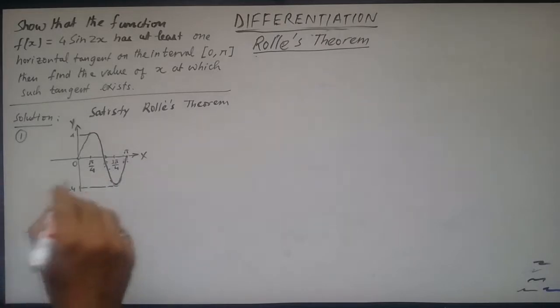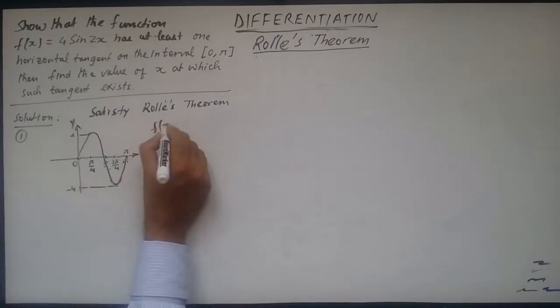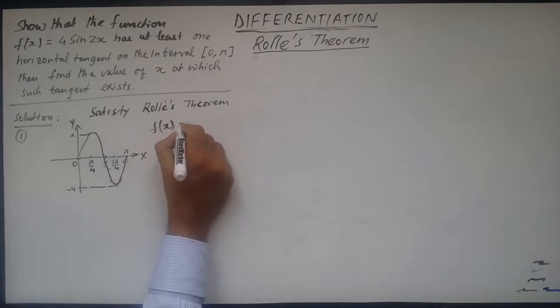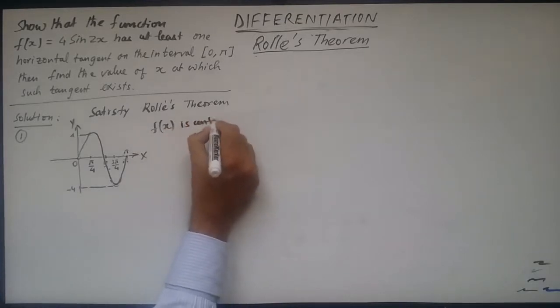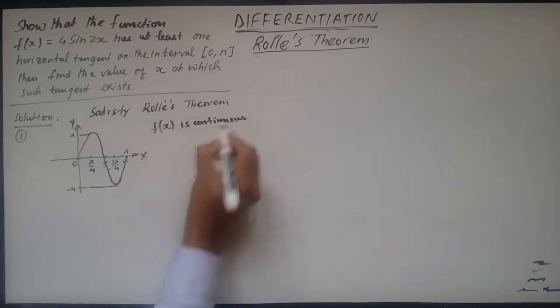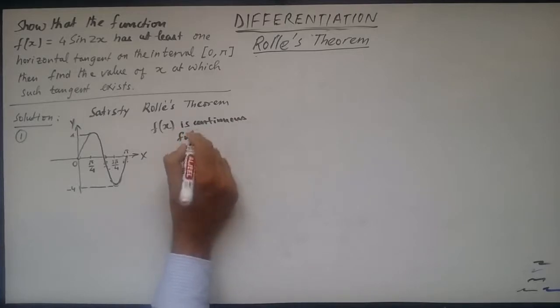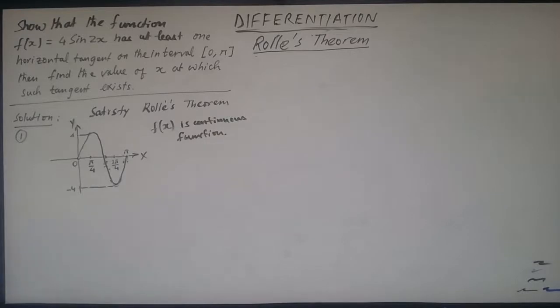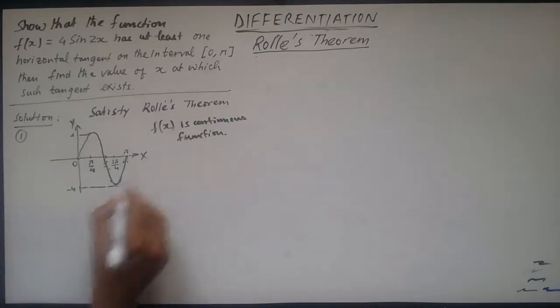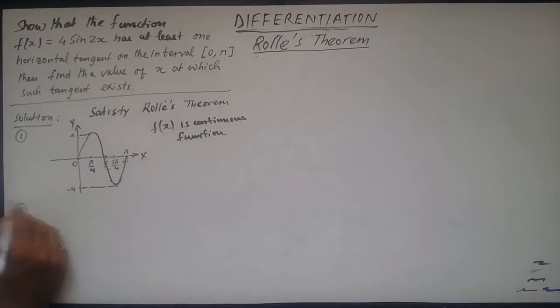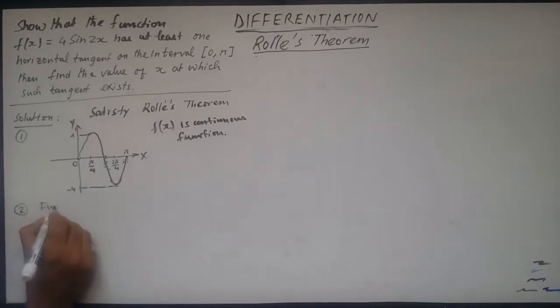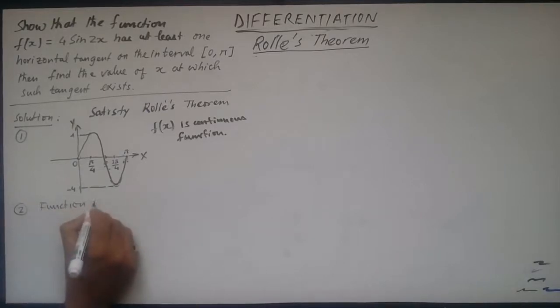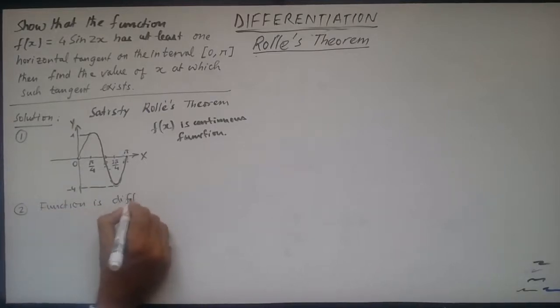So now you see that this function is obviously a continuous function. Number 2, now we'll see whether it's differentiable or not. Obviously the function is differentiable.